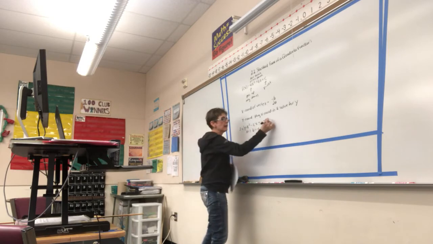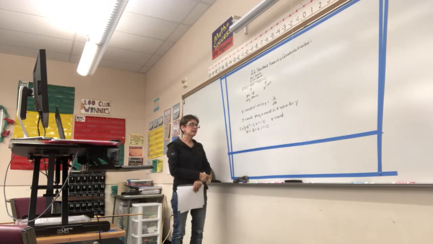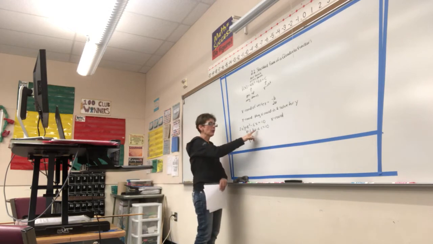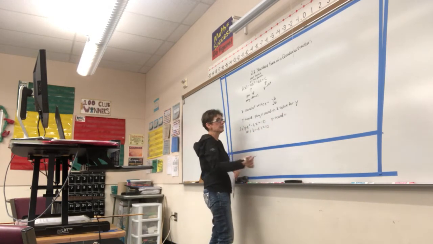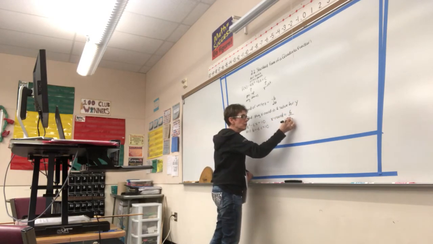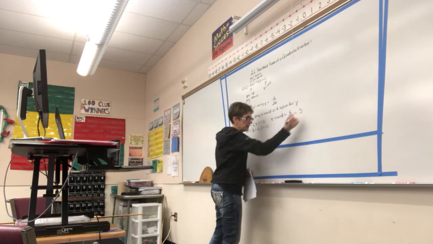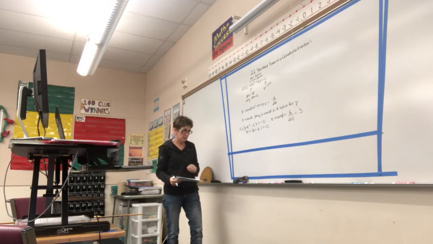The x-coordinate is at negative b over 2a. Since b is negative 6, that's positive 6 over 2 times 1, which is 3. So the x-coordinate is x equals 3.